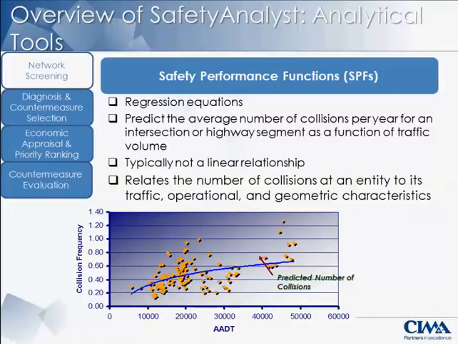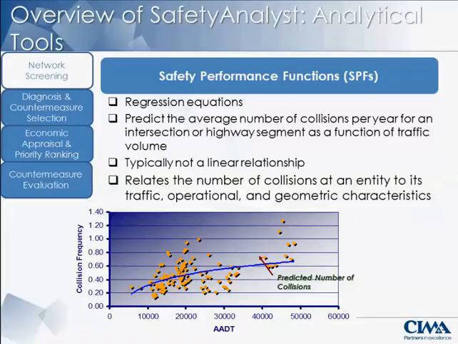But let me show it this way. There is a phenomenon called regression to the mean. Regression to the mean is an interesting phenomenon because it says, if this is number of years and the location is a signalized intersection, for example, and the y-axis is number of crashes per year, and you have a location like this with some fluctuation, and all of a sudden a lot of collisions happen at this location.